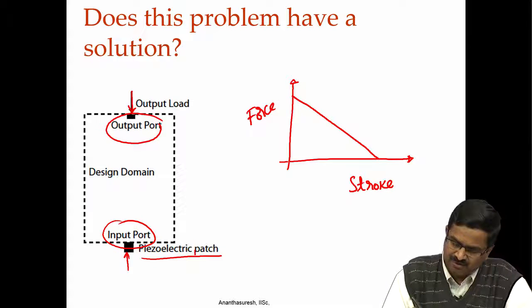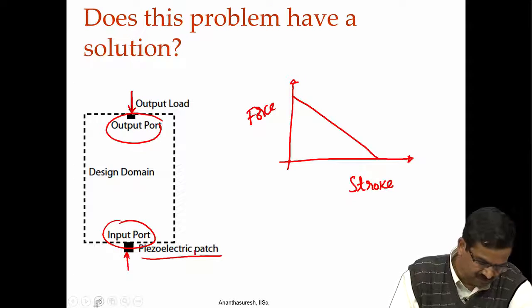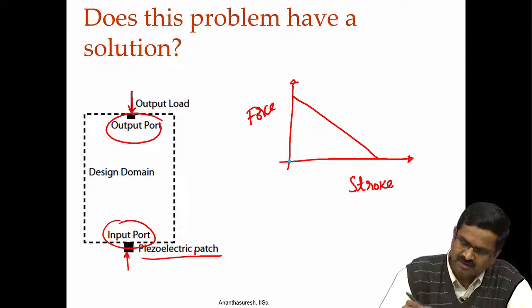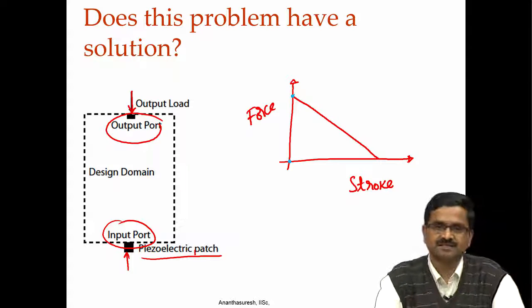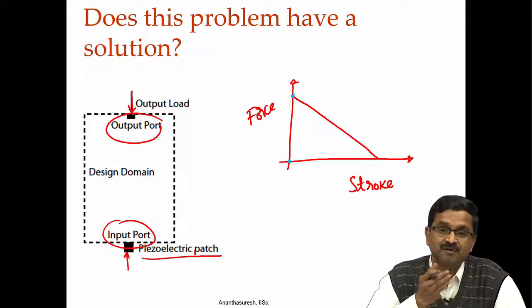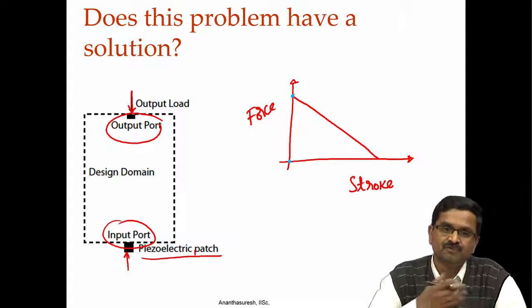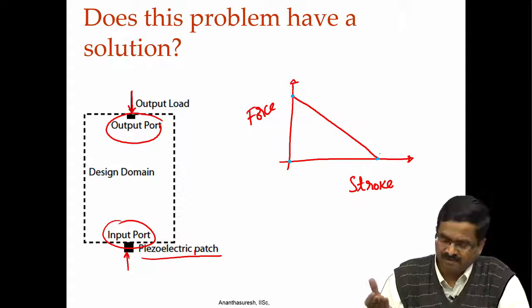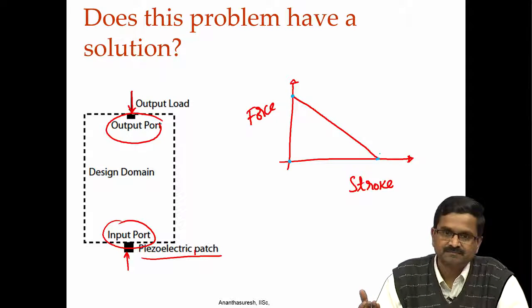What does this mean? When stroke is 0, you have the force the highest. At that point the actuator has a lot of force to give to whatever it is connected to, but there will be a limit beyond which the force cannot be provided, beyond which it acts like a spring.